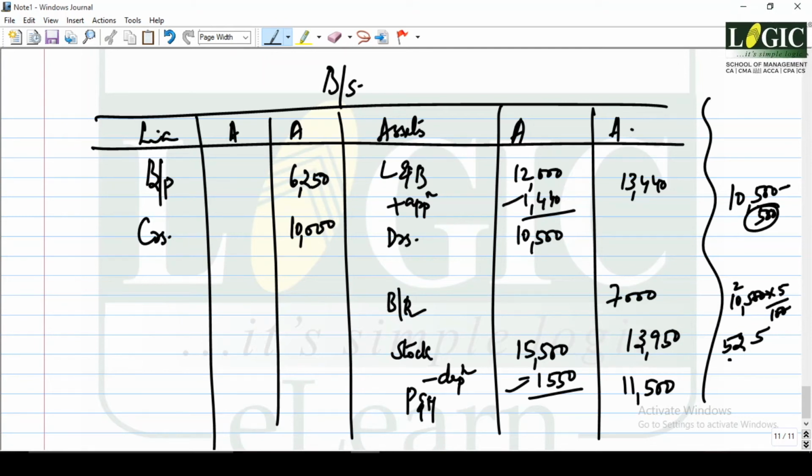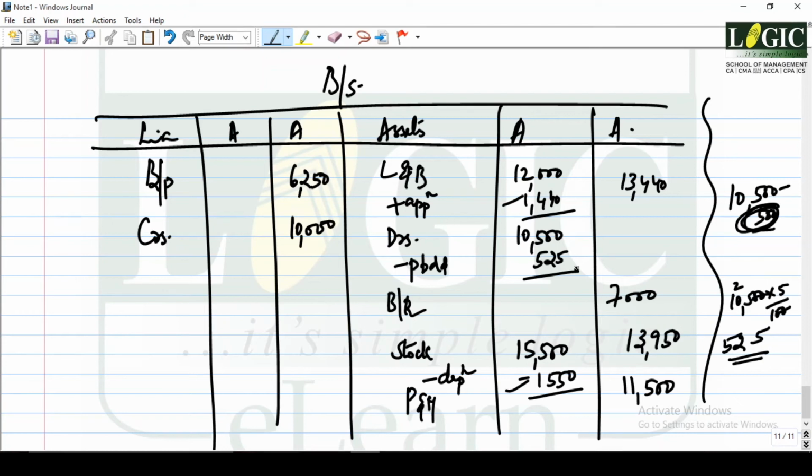So 525 should be the provision required. Already you have a 500 provision with the firm, so 25 more is to be provided. So debtors less provision for bad and doubtful debts 525.